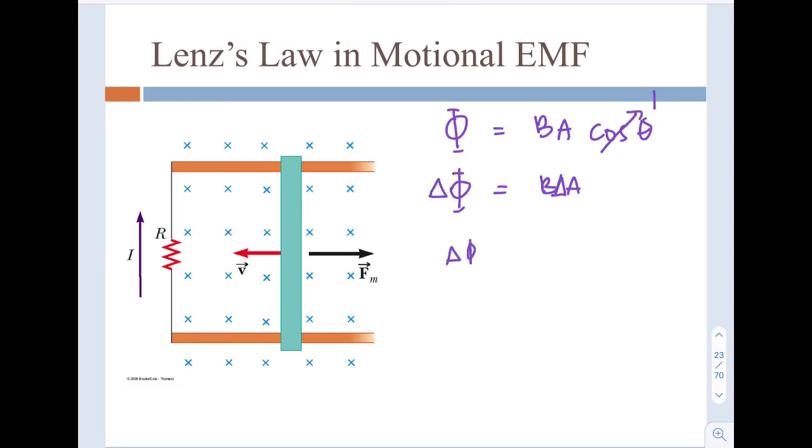Changes of the flux per unit time will cause EMF to be produced, which is B change in A over time taken. So we have to check what kind of changes happen.